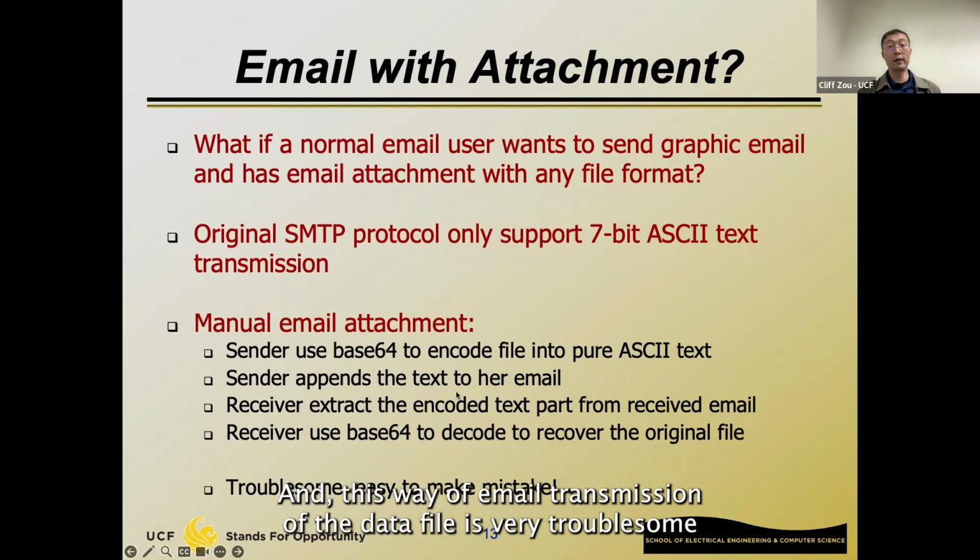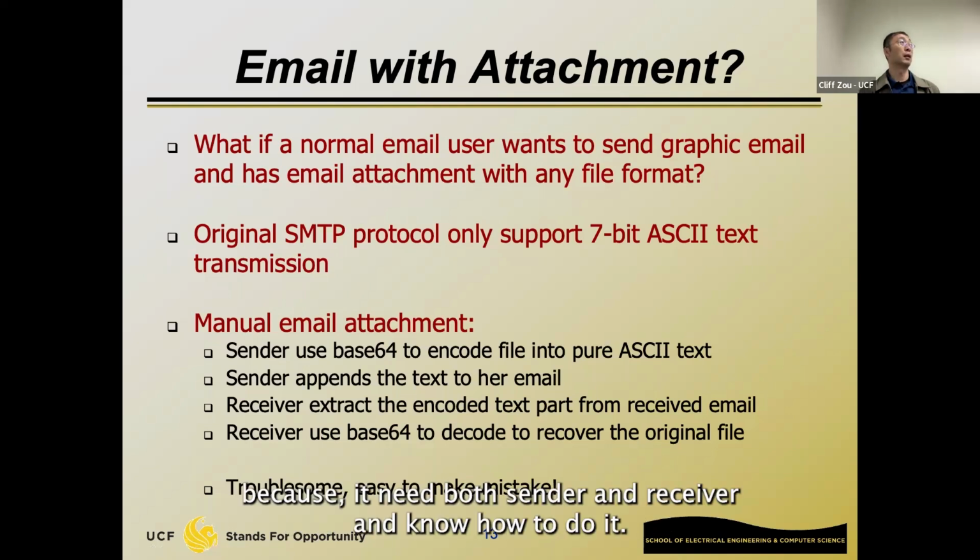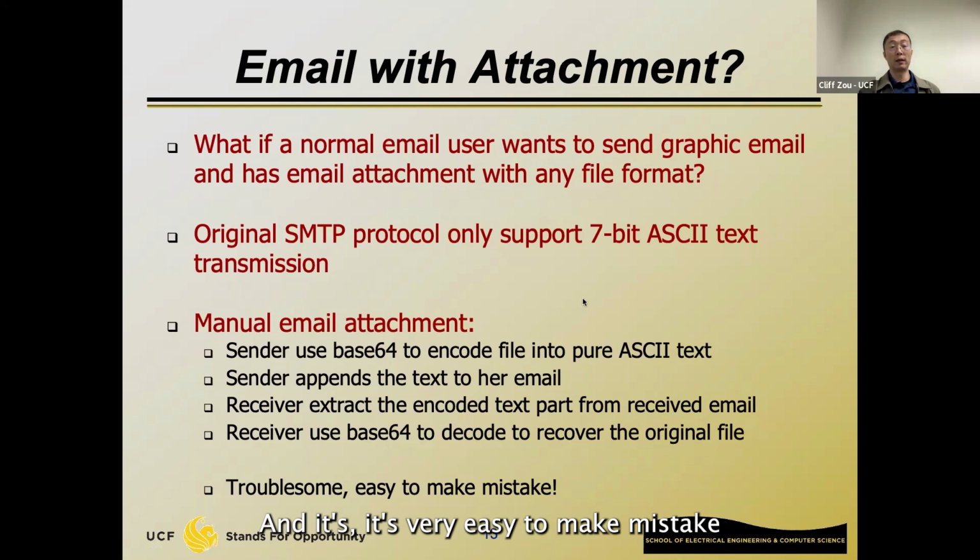And this way of email transmission of the data file is very troublesome, because it needs both sender and receiver to know how to do it. And it's very easy to make mistakes, because when you transfer a data file like a several-kilobyte Word document into a pure text file, it will have several thousand bytes.